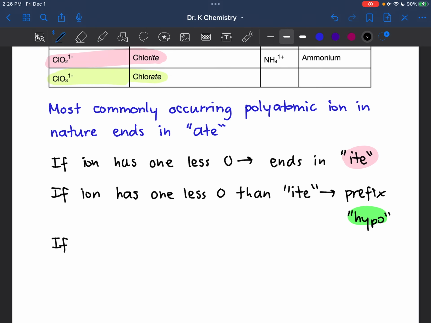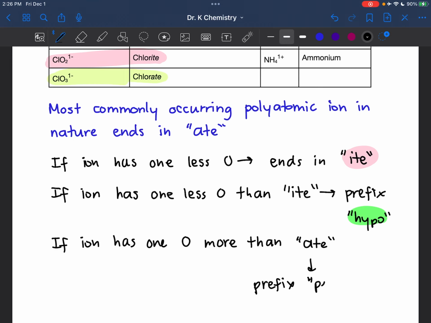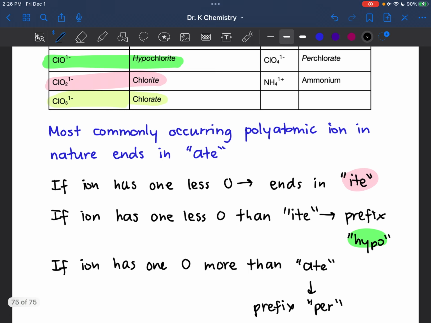And finally, if the ion has one oxygen more than the ate version, then we use the prefix per. For example, we established that chlorate has 3 oxygens. Well, if you have one more oxygen than that, you get perchlorate.